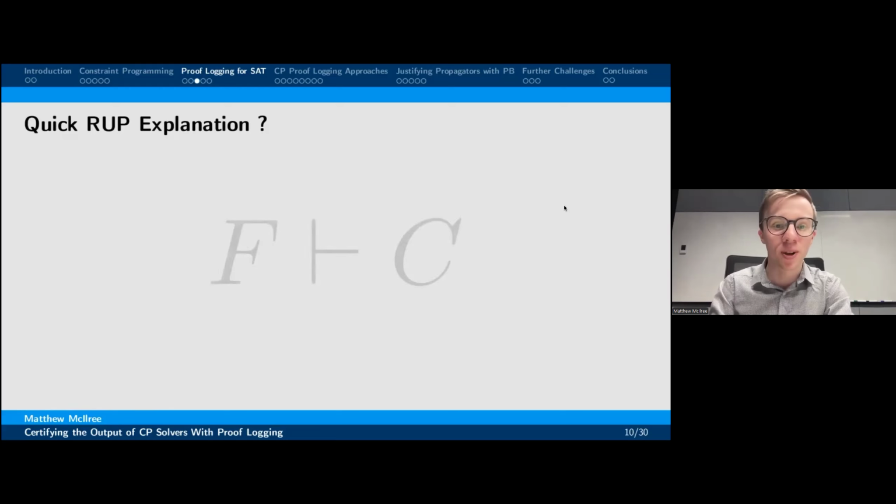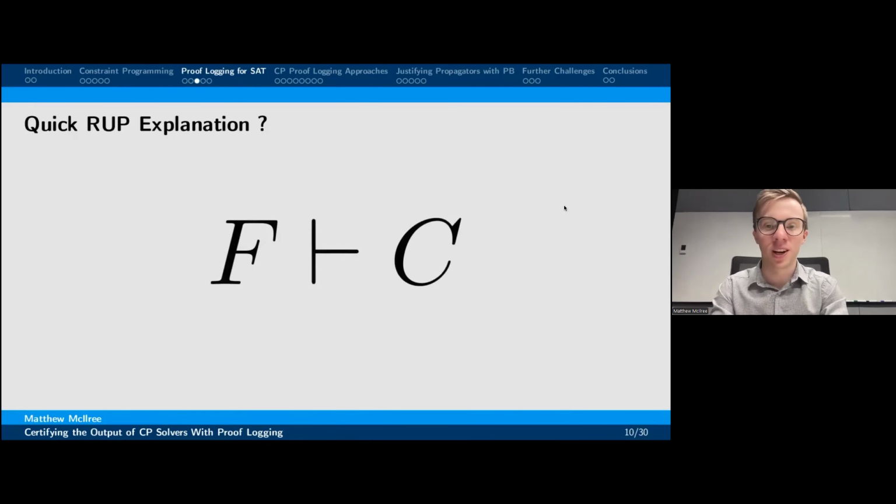So for a quick RUP explanation, essentially we have a formula F, which is a set of clauses, and we want to derive a clause from that formula.